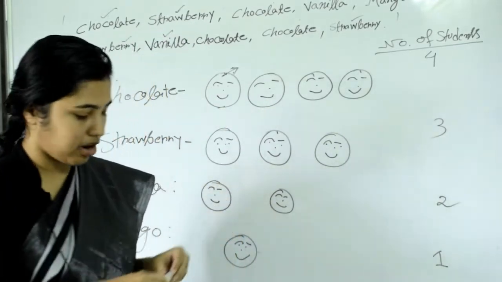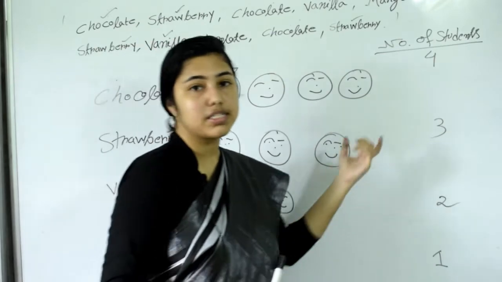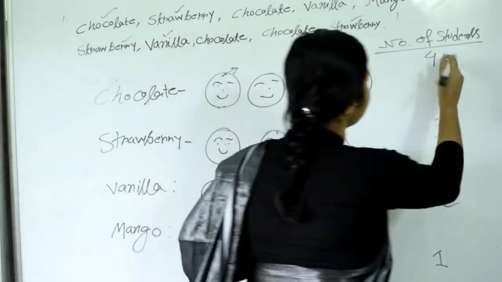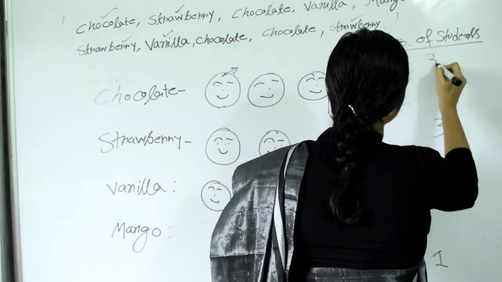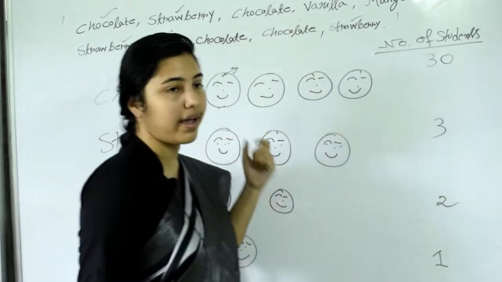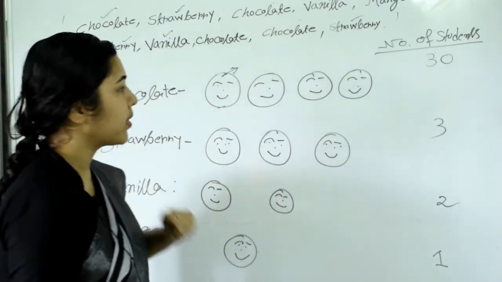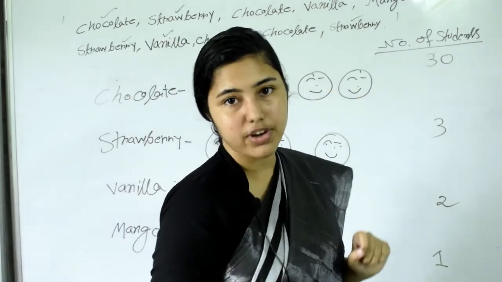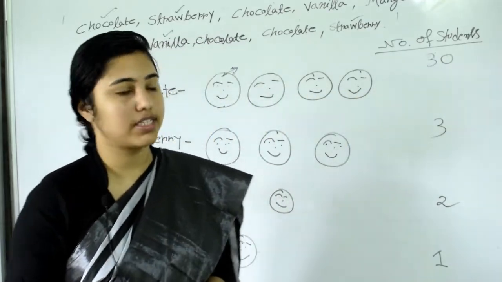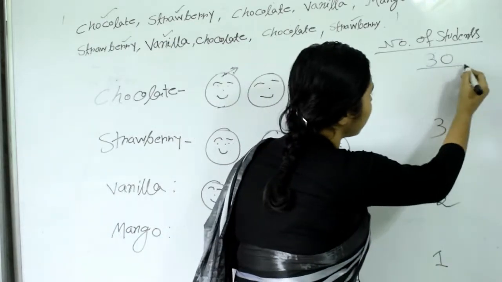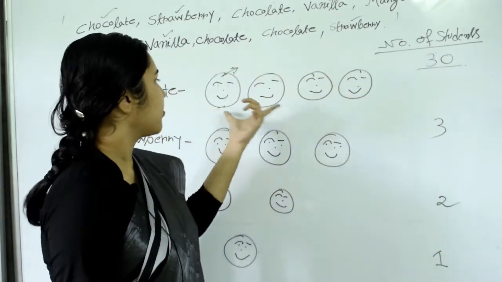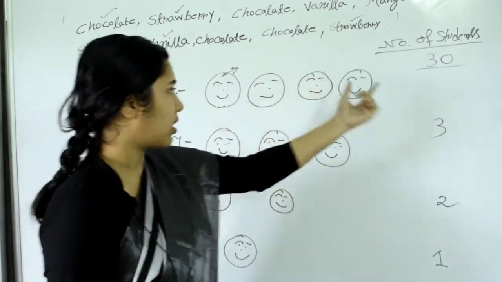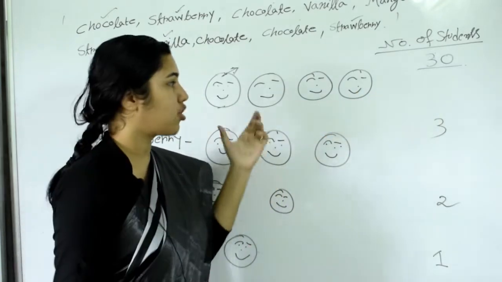Okay. Now suppose instead of 4 students, 30 students like chocolate flavor. Then we have to draw 30 smiley faces, right? Which is not easy. So for a large number, to draw 30 smiley faces is not easy.